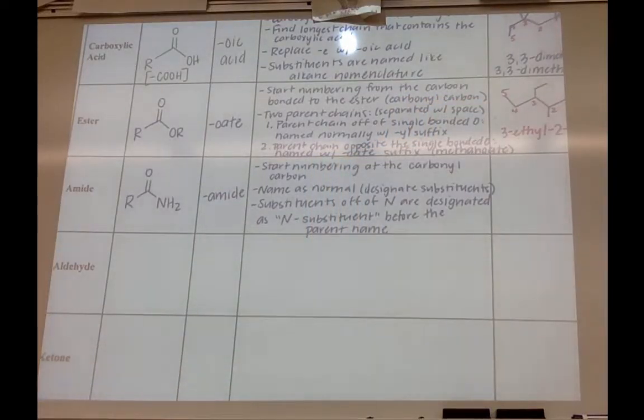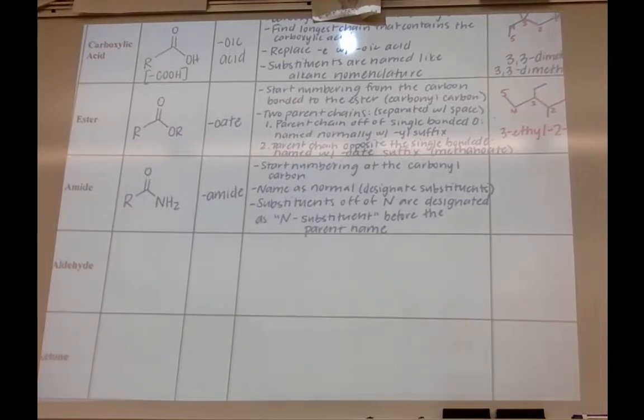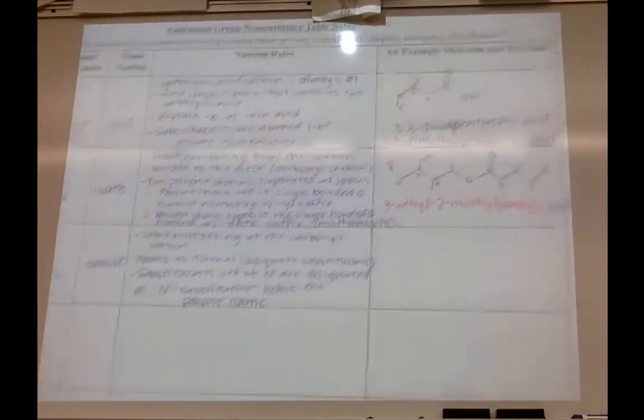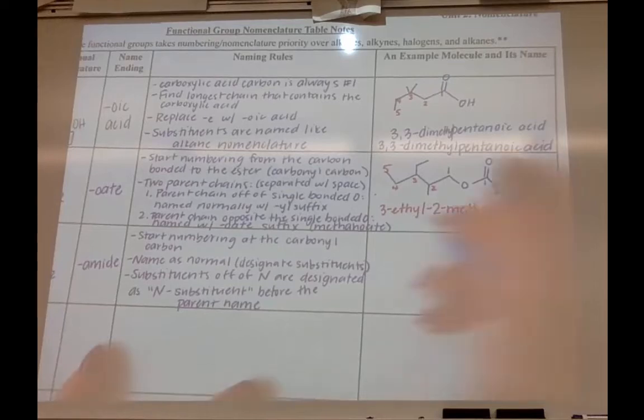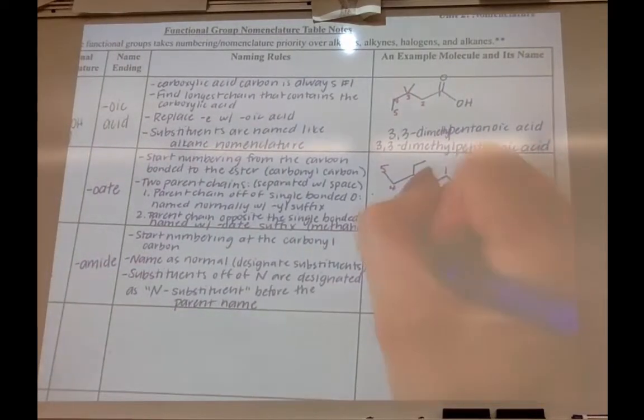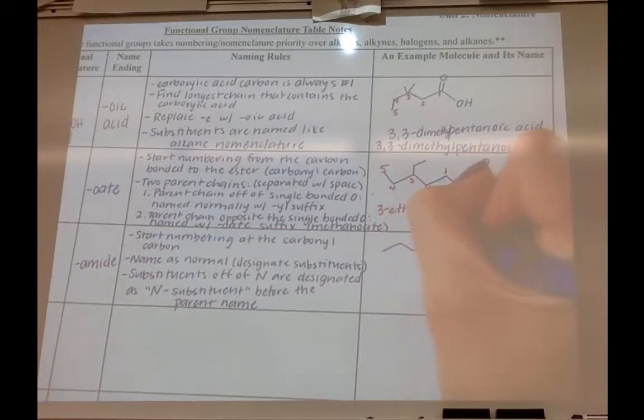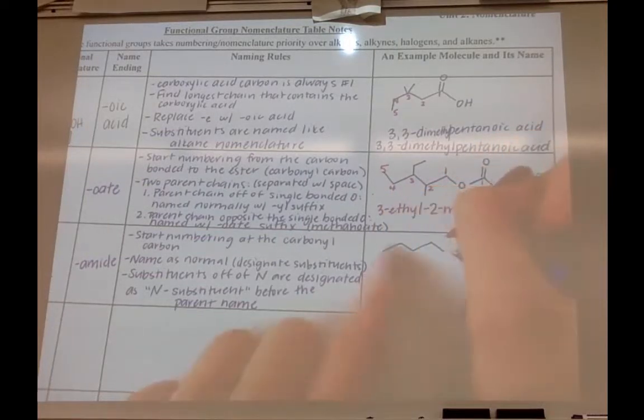So you start your numbering at the carbonyl carbon, name it as normal. If there's anything off of the nitrogen that's not hydrogens, you have to put an N instead of a number. So I have two examples here, so I'm going to split this box in half to show you two different examples. 1, 2, 3, 4, 5, then NH2.